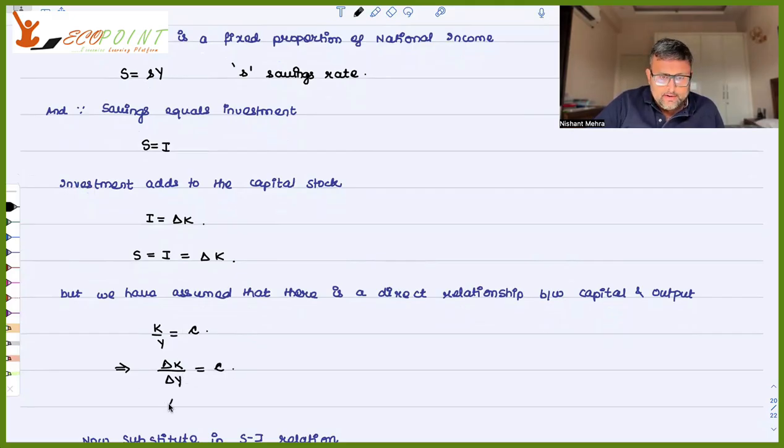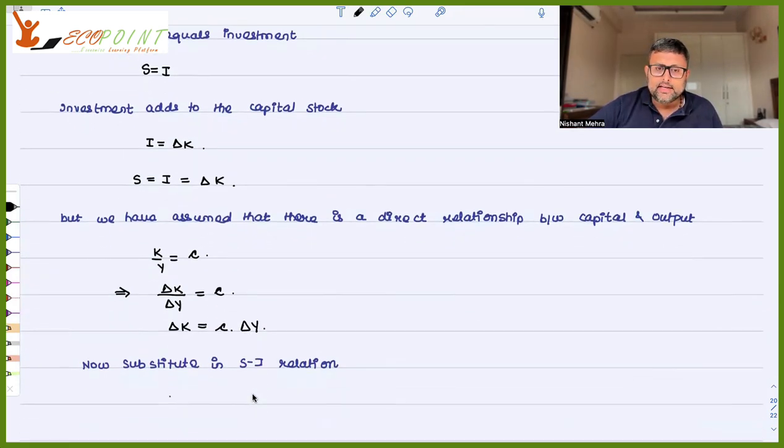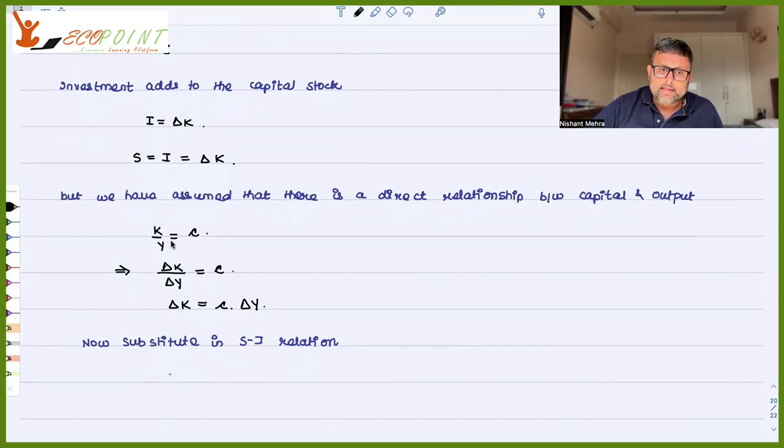So I can write delta K = c delta Y. What is this telling me? This is the capital output ratio. Now we're going to substitute this delta K back into the savings investment relationship.